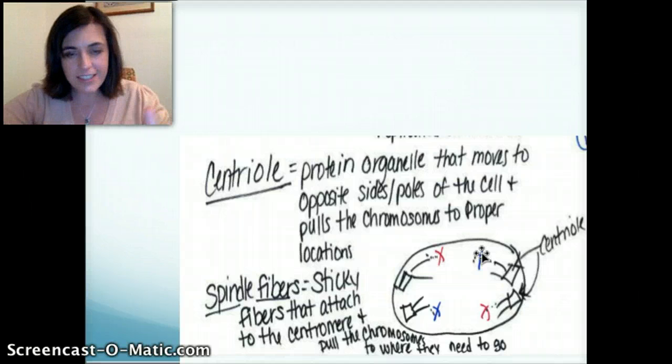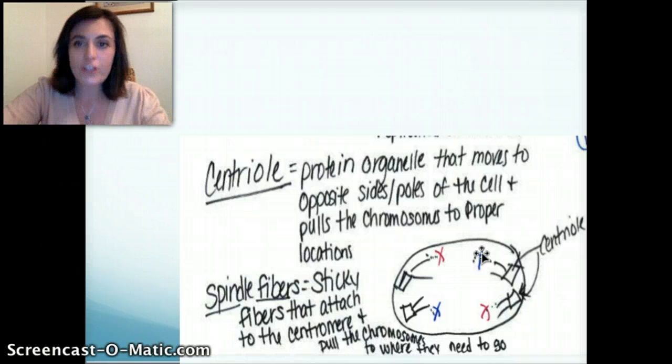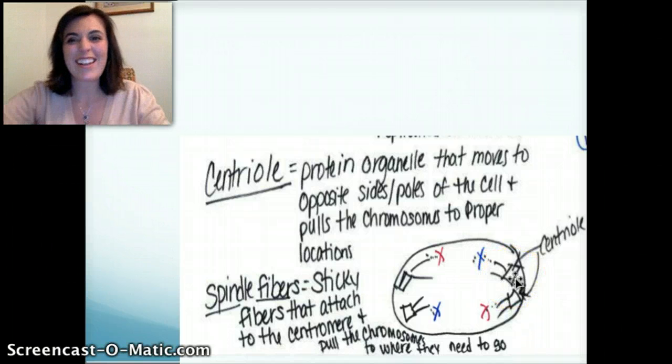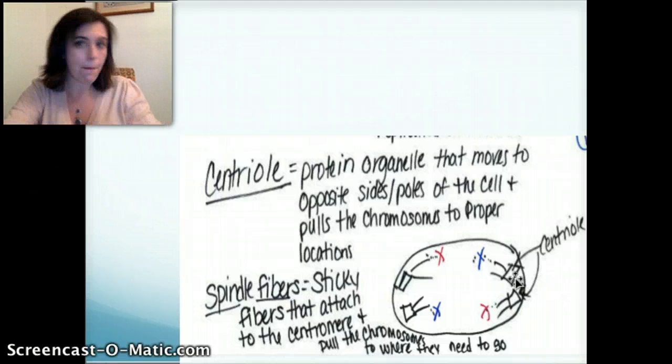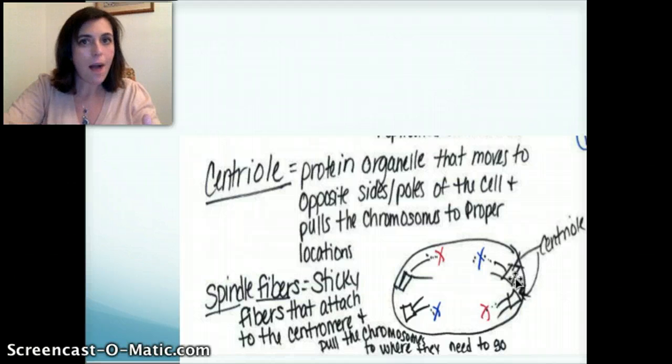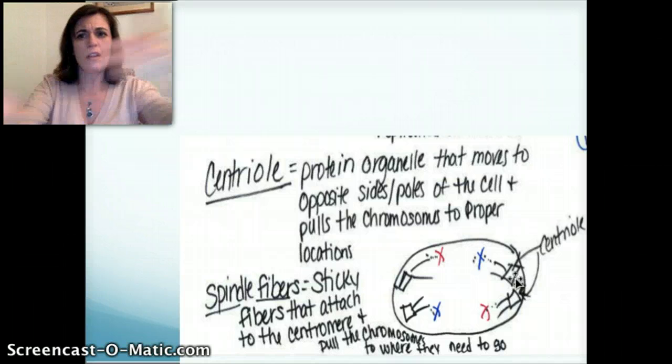Now, this is where my analogy gets kind of crazy, as if it wasn't already. I think about those two little girls at the pool party, and these centrioles are like Spider-Man lifeguards. They're like, I'm going to sit here and monitor the entire pool party. I'm going to make sure everybody's safe. And those two twin little girls are floating around the pool, going to the deep end where they don't need to go.